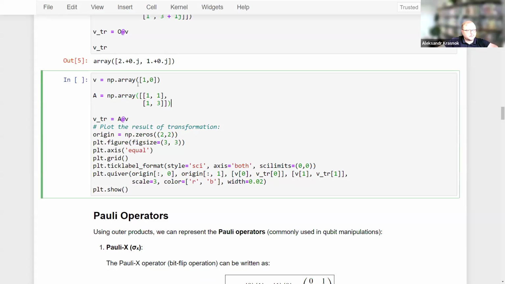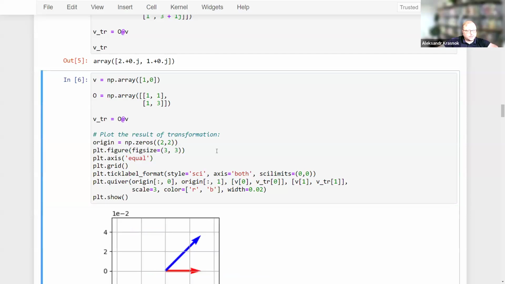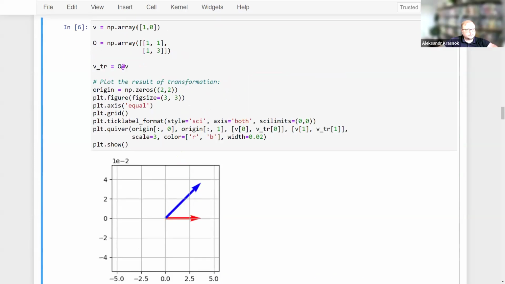So here what I do, I take this vector, then I apply some sort of operator, again, change this vector to another transformed vector, and then plot the result to show you graphically what actually happens, right? So suppose you start from this red vector V with components 1 and 0, so it's vector directed along X, right?